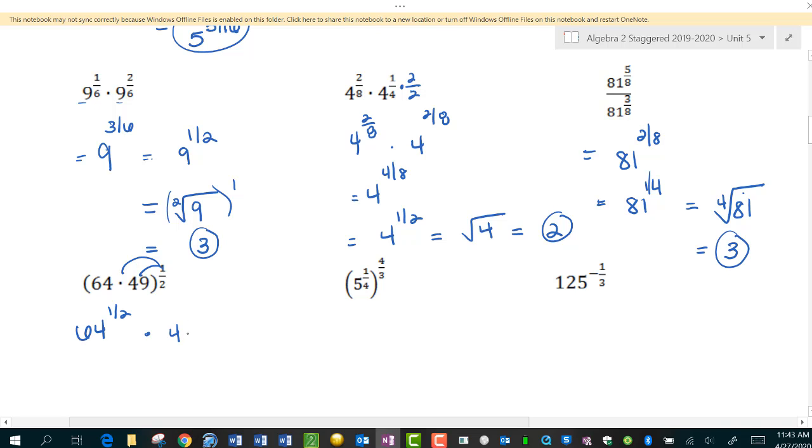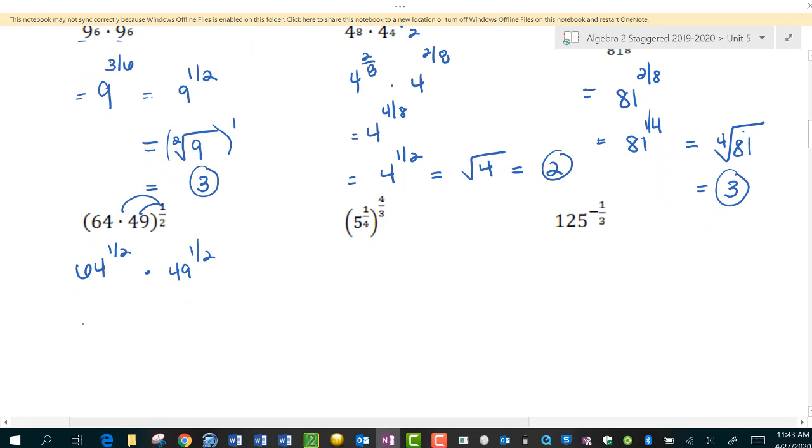The reason this helps me out is if I rewrite this now in radical form, so the square root of 64 times the square root of 49, well, the square root of 64 is 8, the square root of 49 is 7. So I end up with 8 times 7, which is 56. That ends up being a lot simpler math than trying to do 64 times 49 all to the power of 1/2.